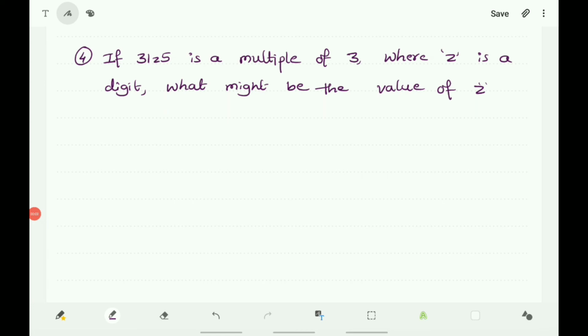So let us take question number 4. If 31z5 is a multiple of 3, where z is a digit, what might be the value of z?